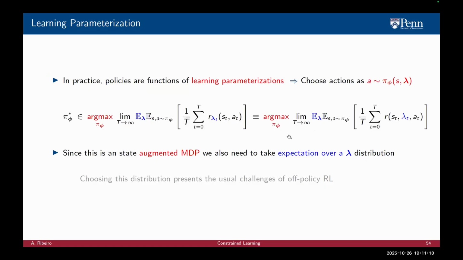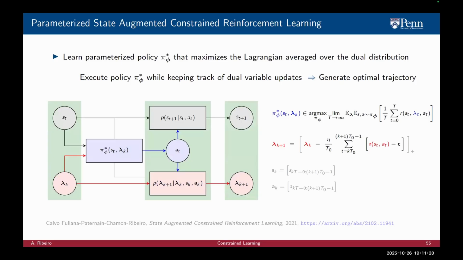That parameterization requires that we take expectation over some lambda distribution. This has the usual problems of off-policy reinforcement learning. There are a lot of practical challenges here that I am neglecting. But in any case, these challenges can be overcome, and you can end up with an artificial intelligence algorithm or a machine learning algorithm of this form.